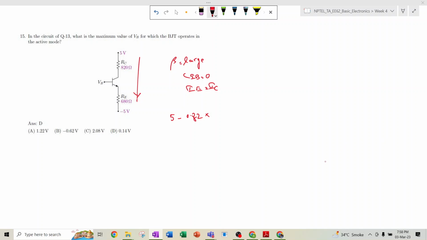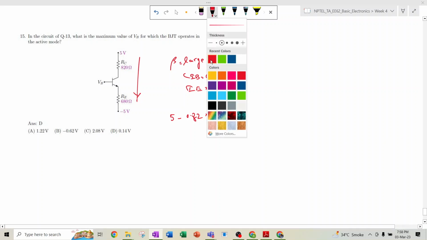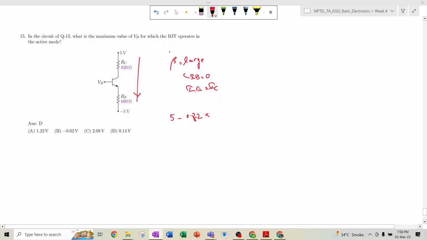Okay, so beta is very large, so IB is equal to 0, which means IE equals IC. So this is IC and this is IE, both are the same. So 5 minus 0.82, which we have already derived, 0.82 is the resistance, into the current IC, minus.